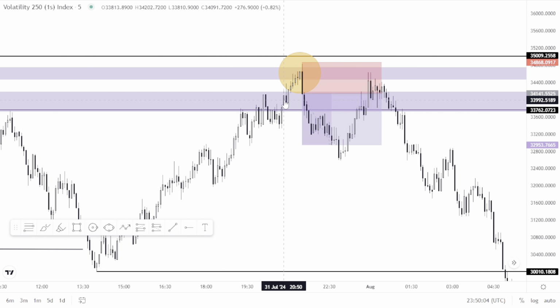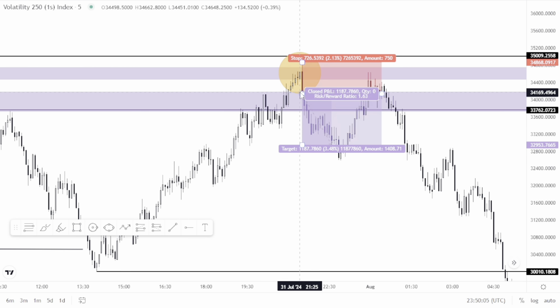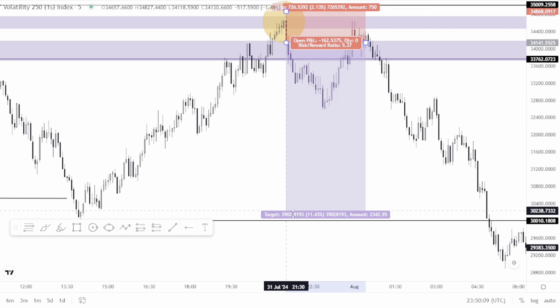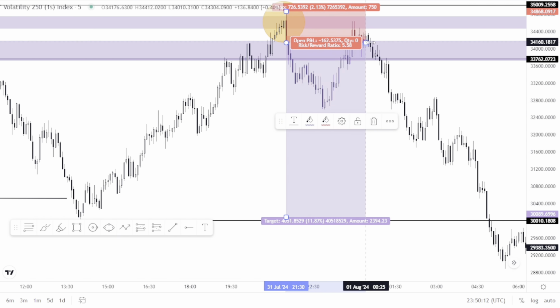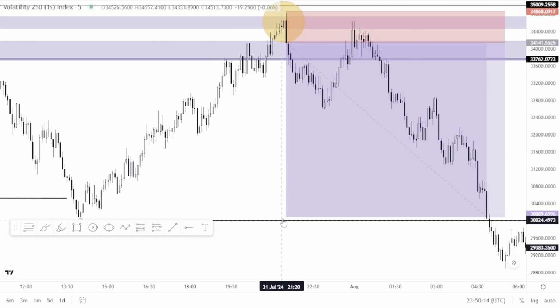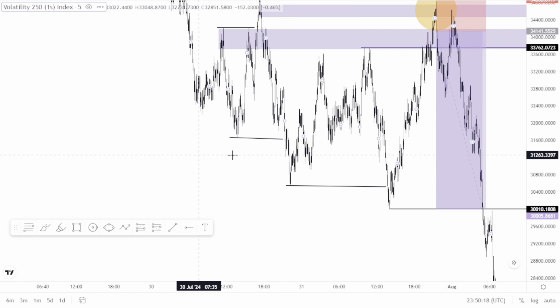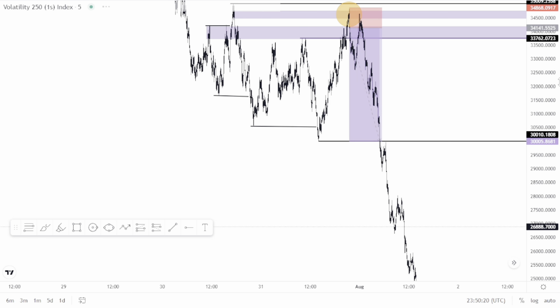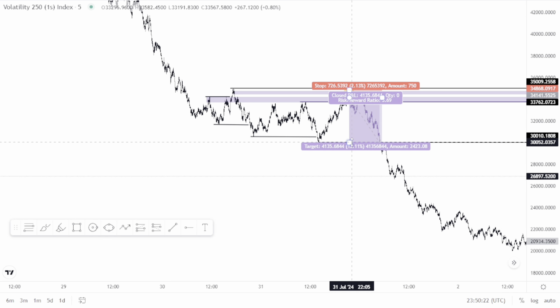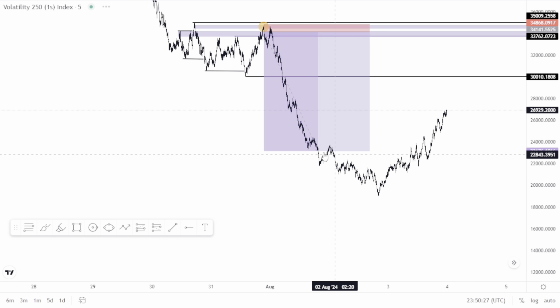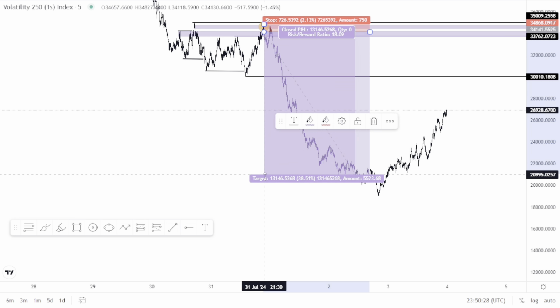You put your entry there, your SL there, and then your first target here. See, your clean 1:5. If you decide to hold further, you see how much you'd have made. Check your risk to reward, guys.